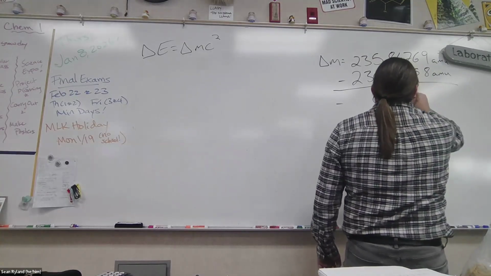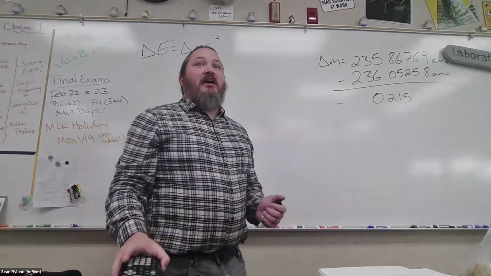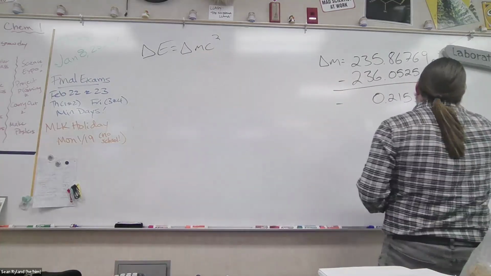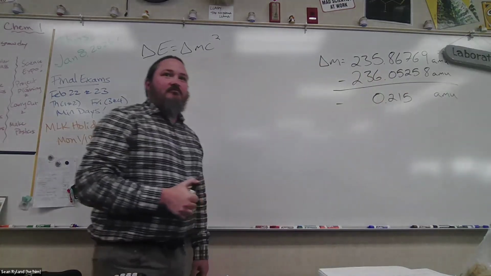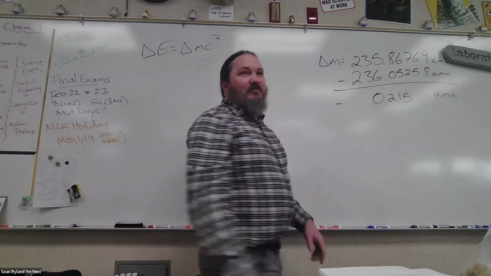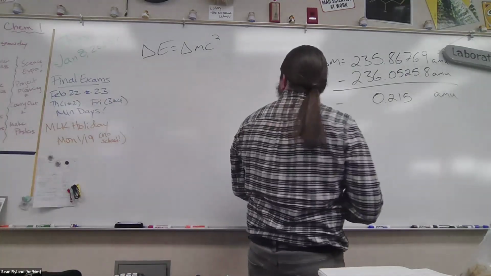Did I do that right? Don't make me borrow in my head. I can't do it. It's something like that, right? We're going to be limited by our sig figs of C anyway at the end, so we'll call that good enough.